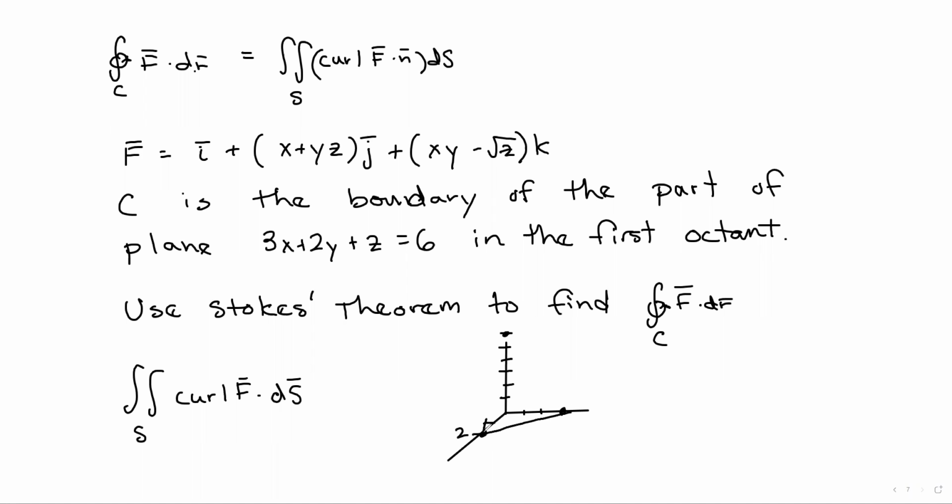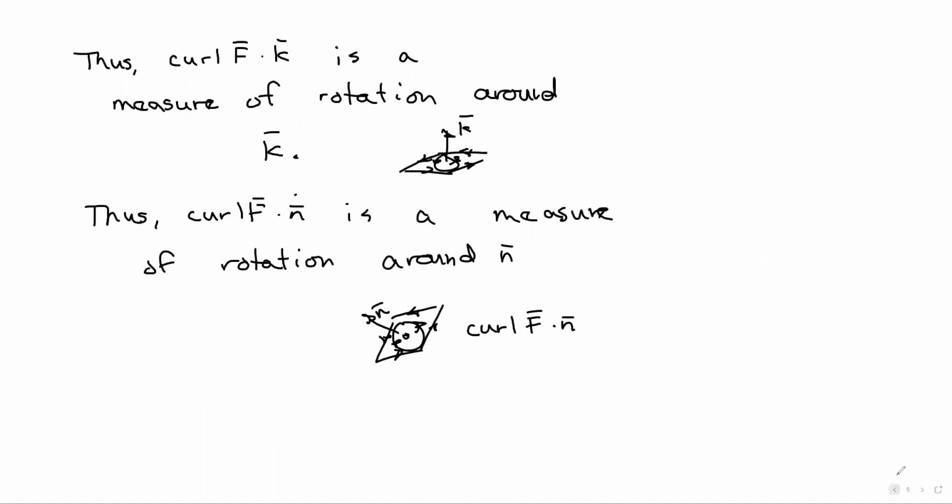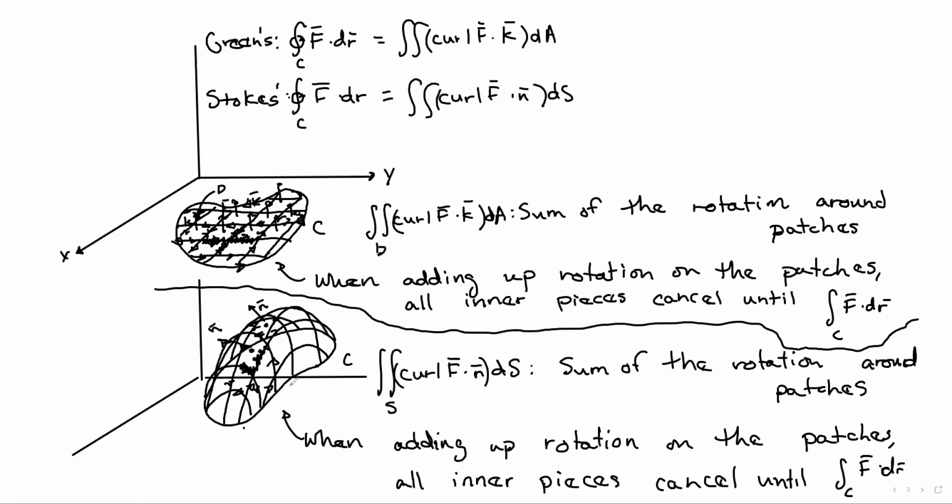And so that's our surface. It's a flat surface, which is a little weird, understandably, because we've been talking about curved surfaces. However, Green's theorem is limited to flat surfaces that are on the xy plane.